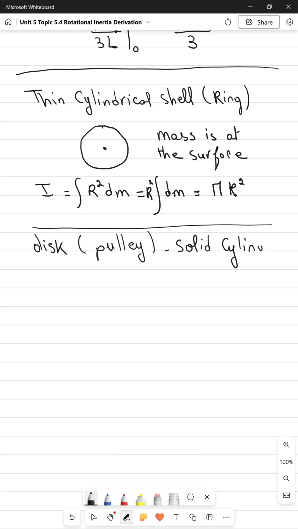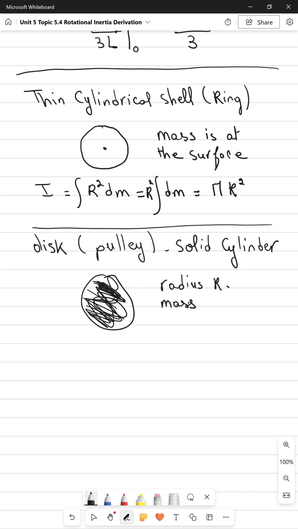They are all the same. So I have one similar to the one above, but it is filled from inside. So it's a solid. Again, it's going to have a radius r and mass m, and it's going to be a uniform mass. So I have a uniform mass density.